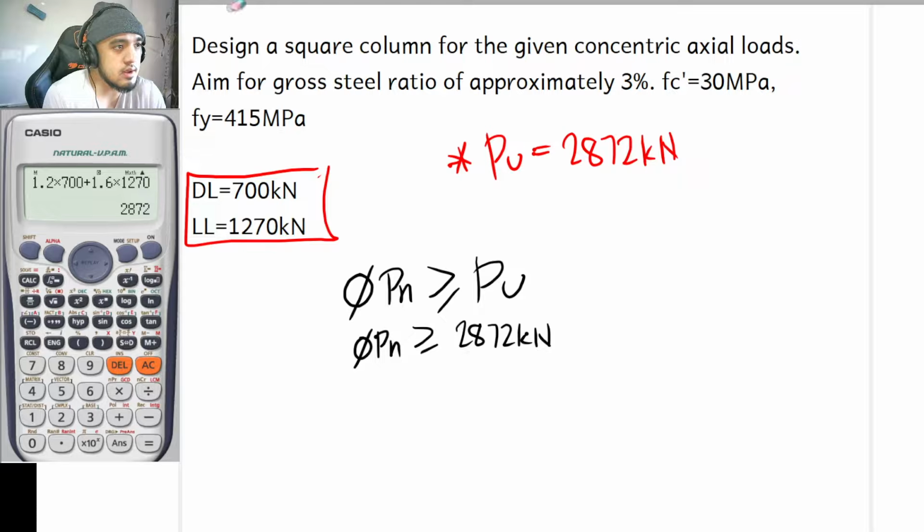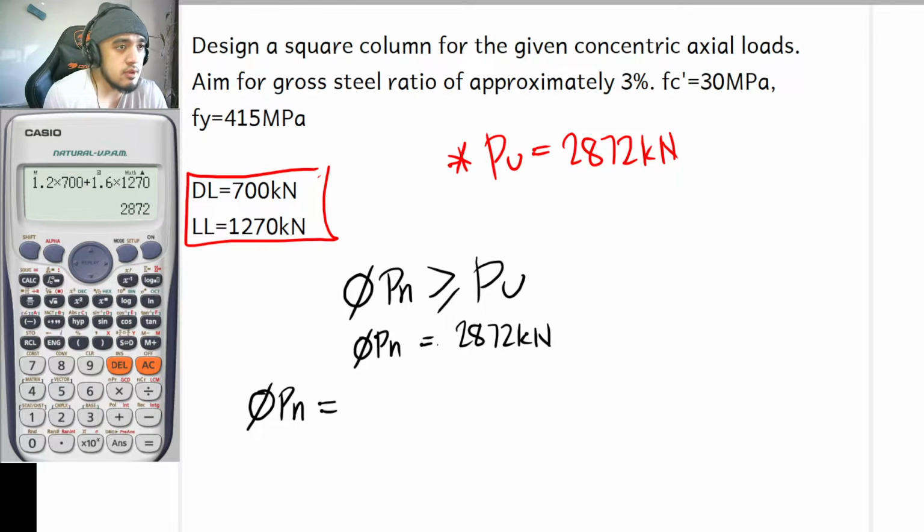So the value for our Pn here should be the most economical one, or the section that we will be designing is approximately equal to 2872 kilonewtons.